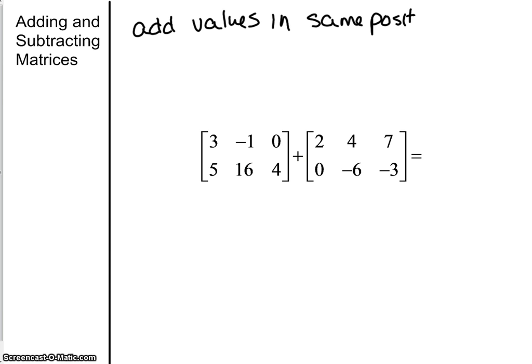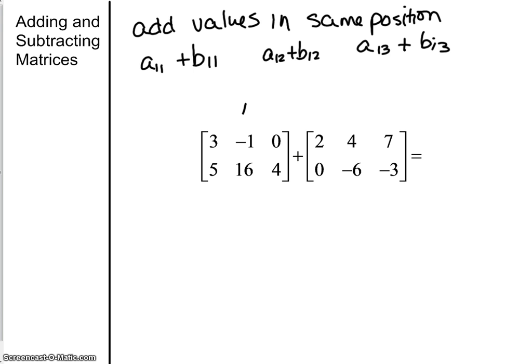So we just talked about how we have the position A11, and we're going to add it to B11. And then that's going to be in our new first position. Then you're going to have A12, and we're adding it to B12. We're going to have A13, and we're adding it to B13. All right, and it goes from there.